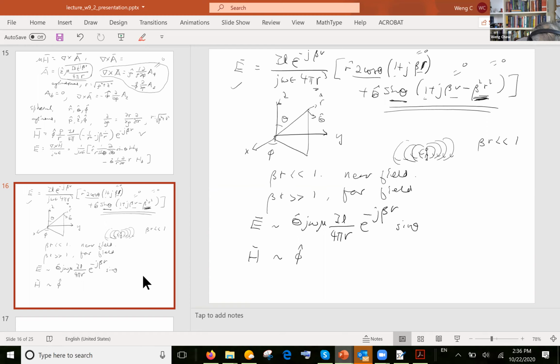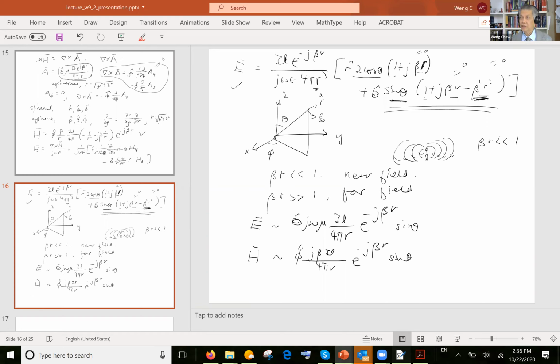Only the phi hat is left, and if you make r very large, only this term dominates, and you only have j beta I L over 4 pi r e to the minus j beta r sine theta.